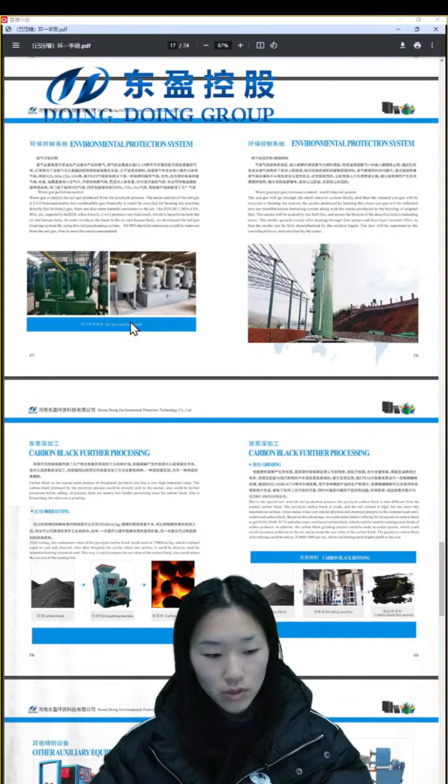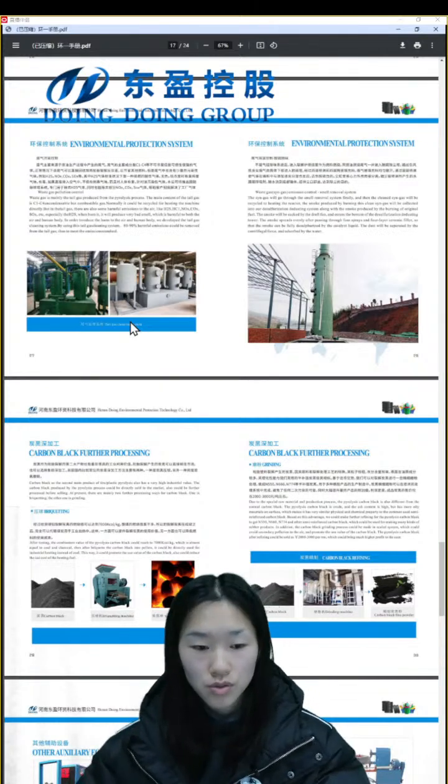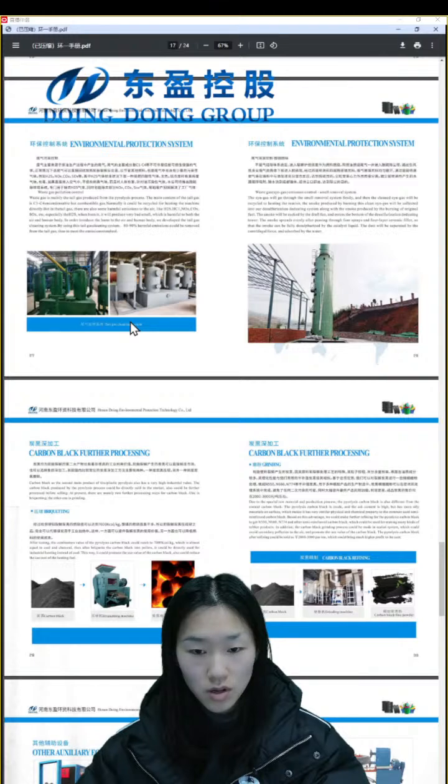You know, H2S has an unpleasant, oxide smell, so we need to remove it to ensure cleanliness in your workshop.